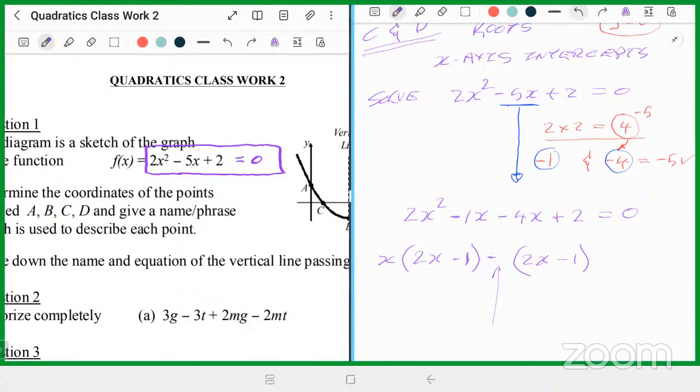What number is it? You can know that number by, for example, dividing this positive 2 by this negative 1. Positive 2 divided by negative 1 is negative 2. So I know that the number inside here is negative 2. Or you could divide this negative 4x by this 2x, and that's again negative 2.